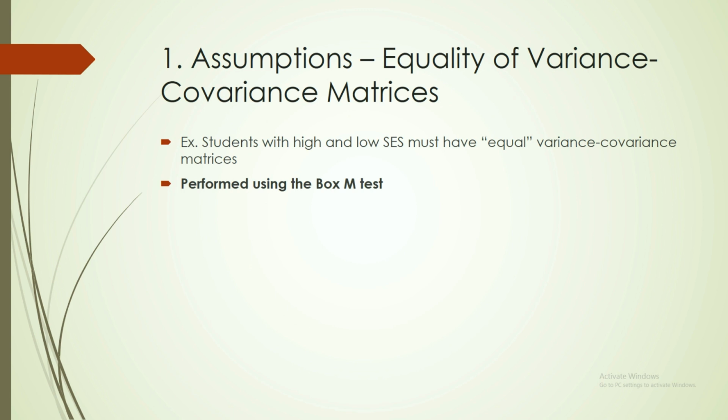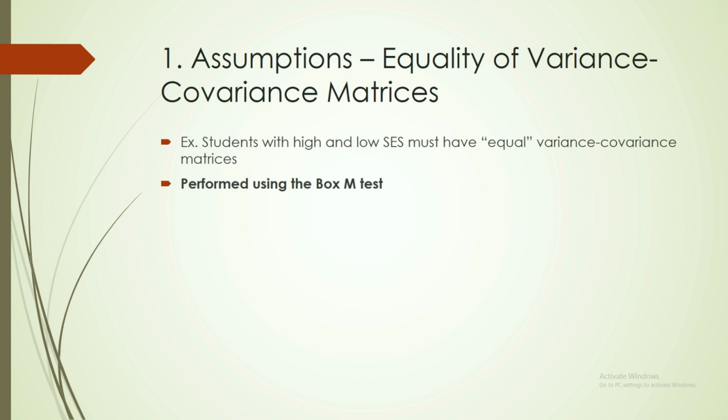And the third assumption that we must test is, of course, the equality of the variance-covariance matrices. I'm going to describe this with an example. For the previous example of the free breakfast program, we are trying to compare how the program affects students in the higher socioeconomic status group or the lower socioeconomic status group.